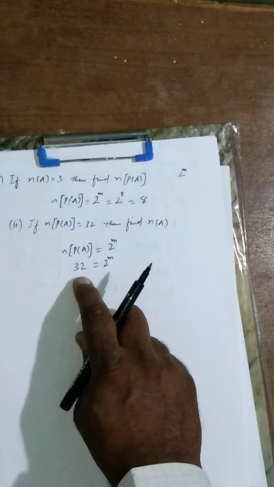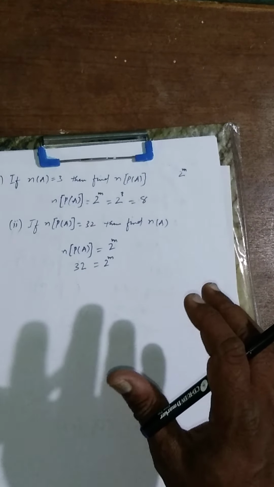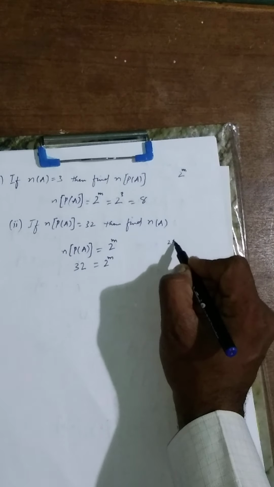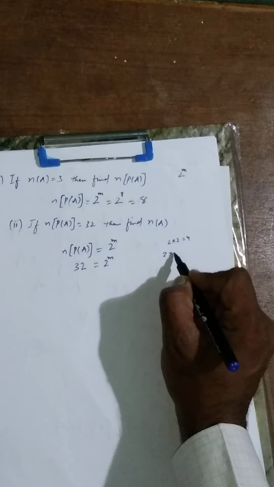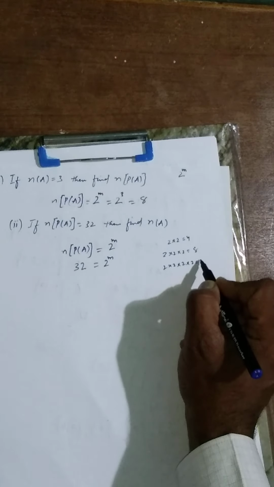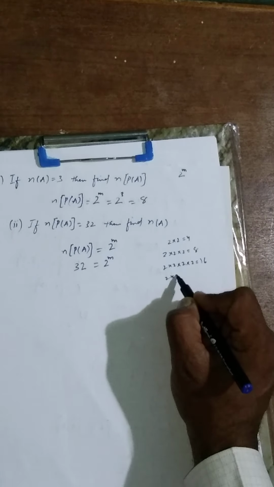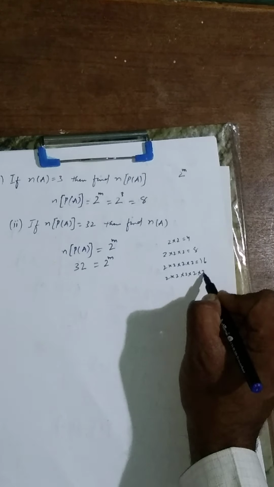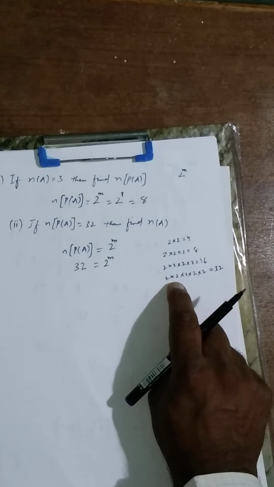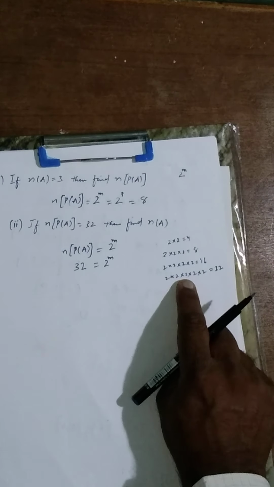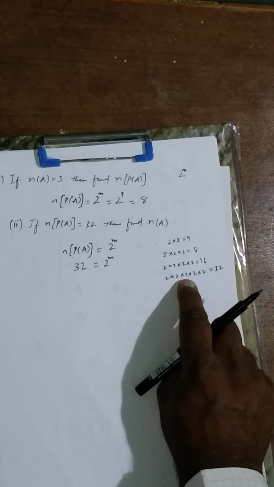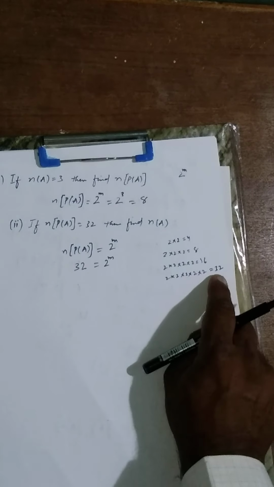We know 2 into 2 is 4, 2 into 2 into 2 is 8, 2 into 2 into 2 into 2 is 16, and 2 into 2 into 2 into 2 into 2 is 32, right? 2 2s are 4, 4 2s are 8, 8 2s are 16, 16 2s are 32.